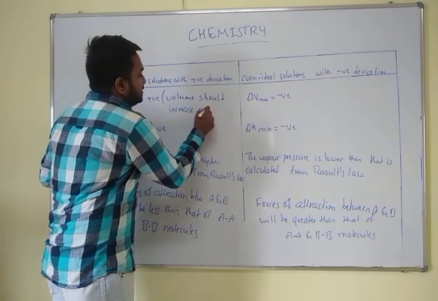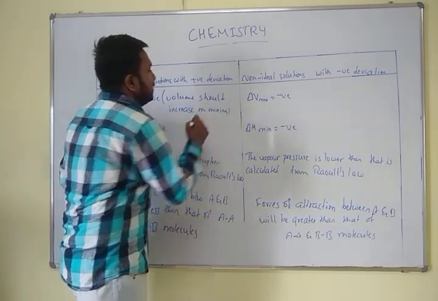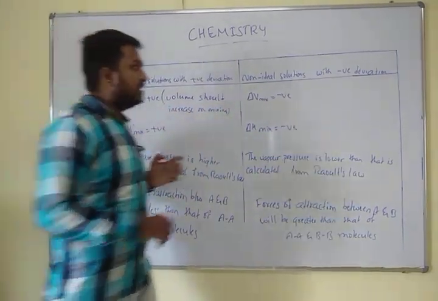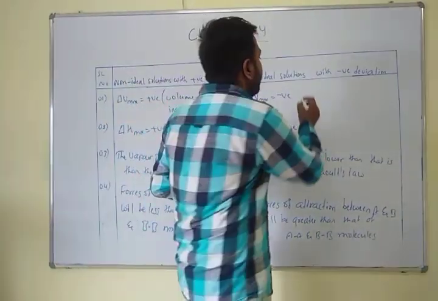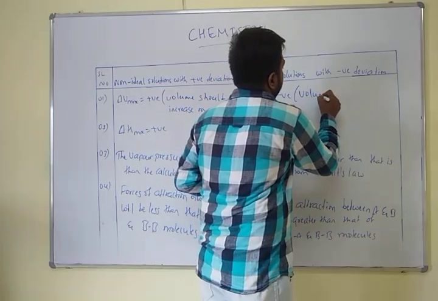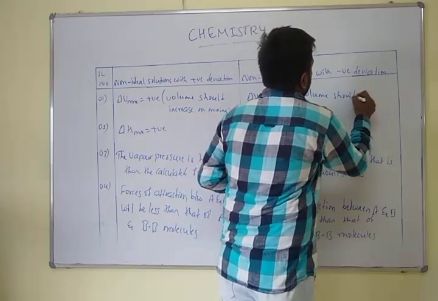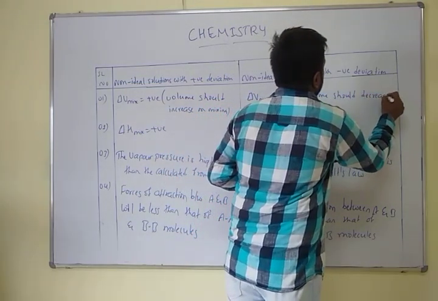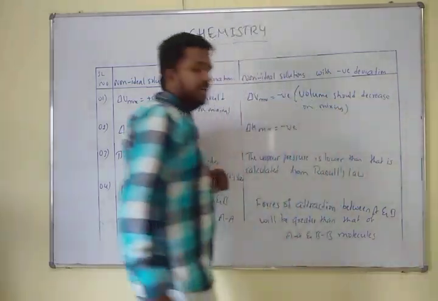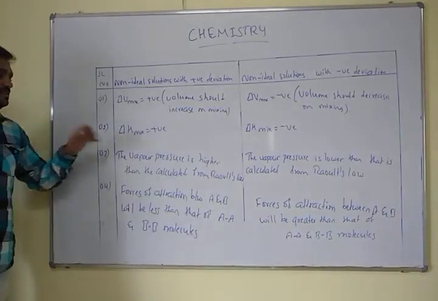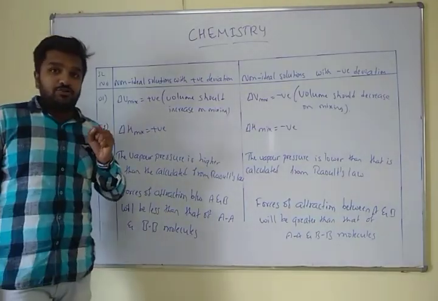Clear? Whereas in case of the negative deviation, delta V mixing is negative. That means the volume should decrease on mixing. And the second difference is enthalpy of mixing.